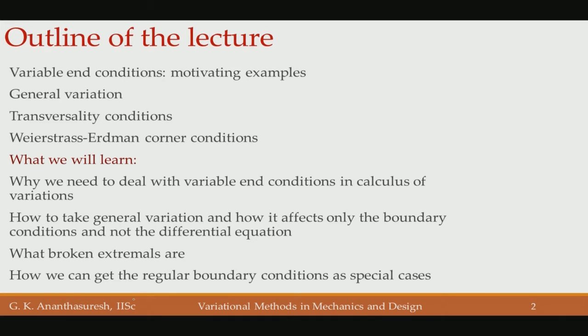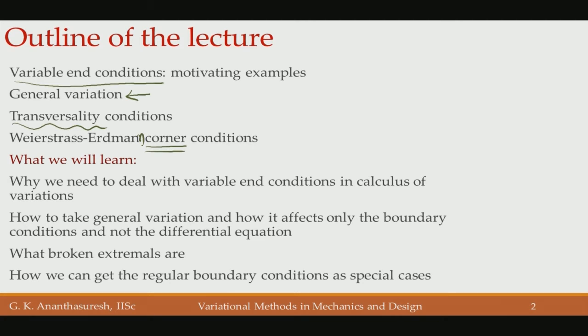So, let us begin with this concept of a general variation and look at the outline of this part of the lecture. So, we will consider variable end conditions, that is what leads to the concept of general variation, and that leads to what we call transversality conditions and also these corner conditions named after Weierstrass and Erdmann. Actually there will be another n here.